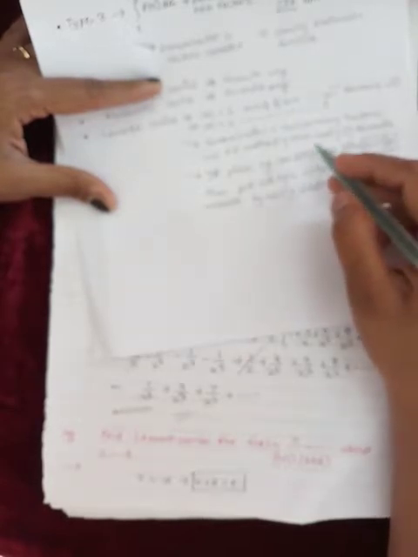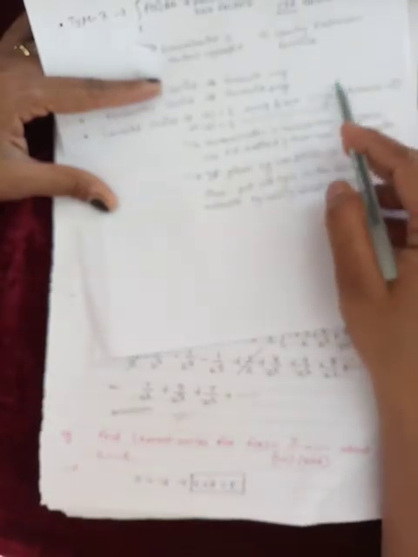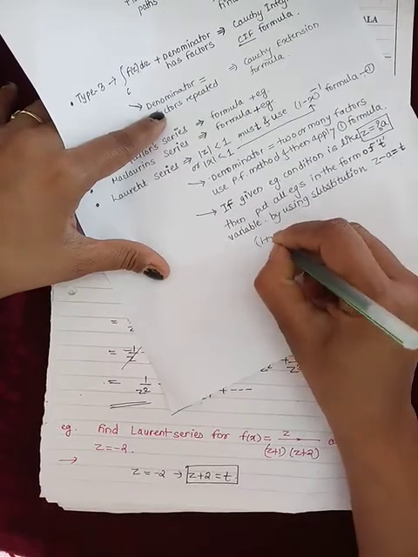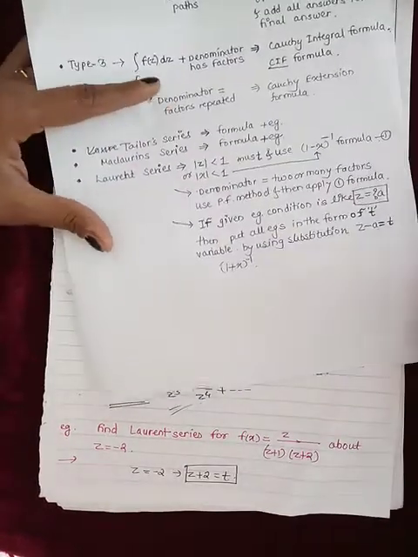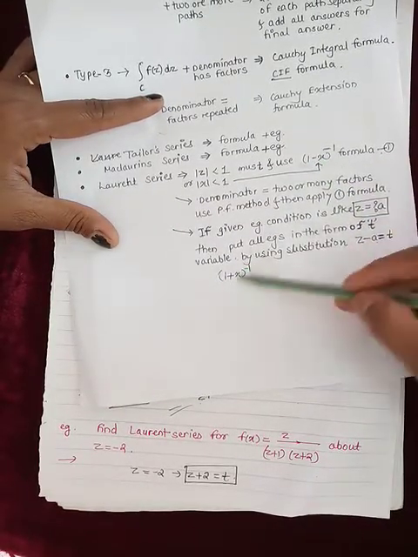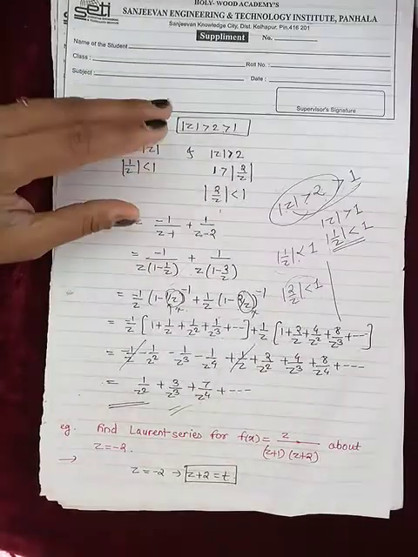Whatever condition is given, z equal to a, take all the terms on the left side, that is we get z minus a, and use the substitution, that is put z minus a equal to t, and convert the given example into the t variable, and then use one of the formulas, this formula, or there is another formula, (1 plus x) raised to minus 1. So use any one of these two formulas. This type of example we have seen.